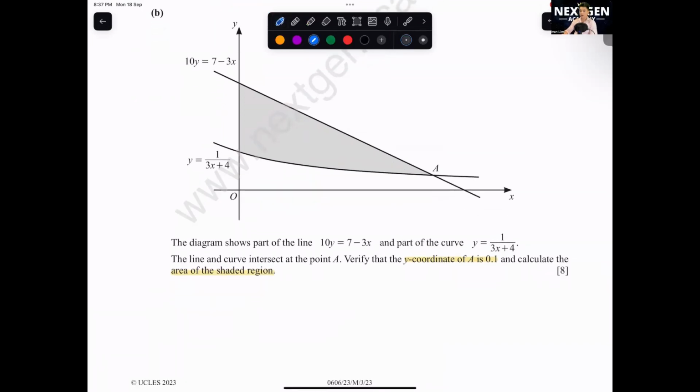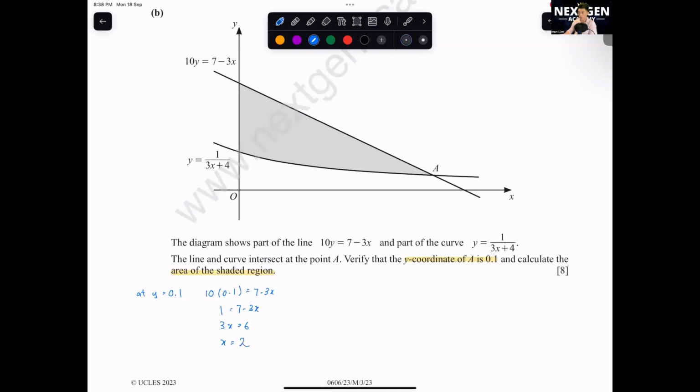So how to verify? Actually you just need to sub in 0.1 into one of the equations. You don't have to do simultaneous equations. So just do this. You sub it in: 10 times 0.1 equals to 7 minus 3x. 1 equals to 7 minus 3x. 3x equals to 6, x is equals to 2.